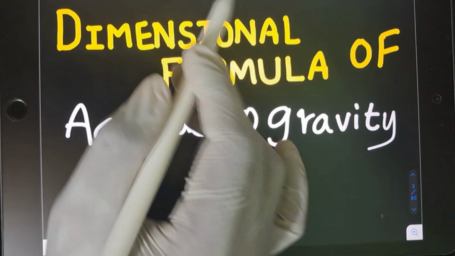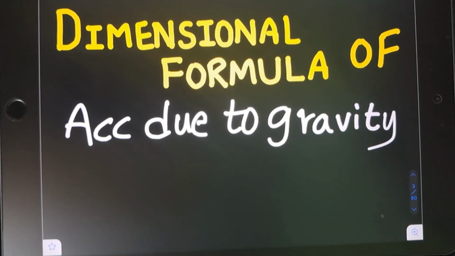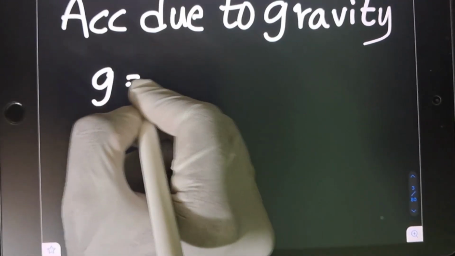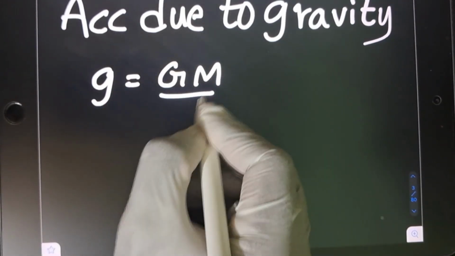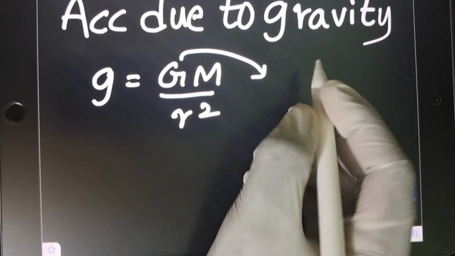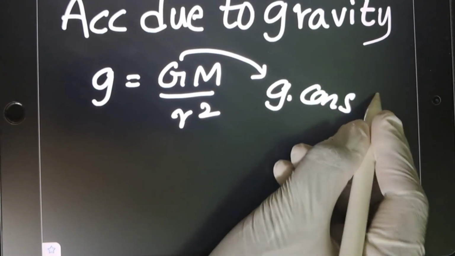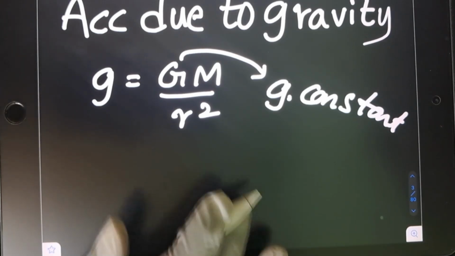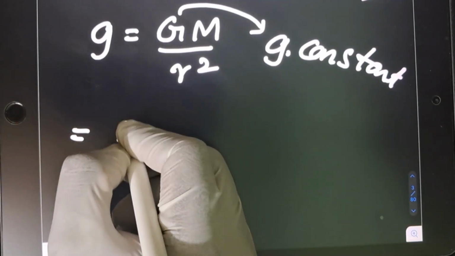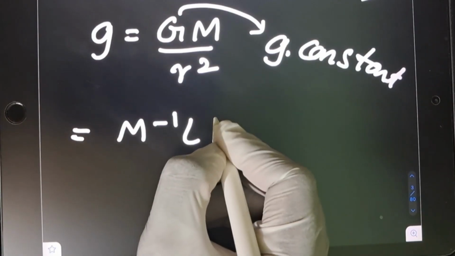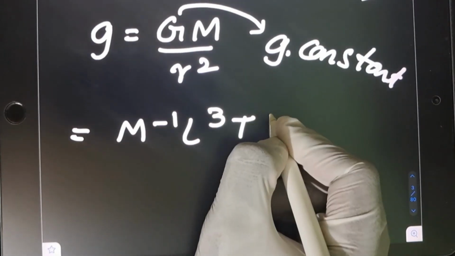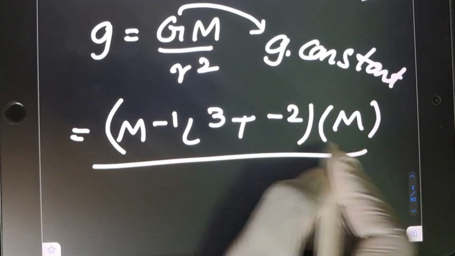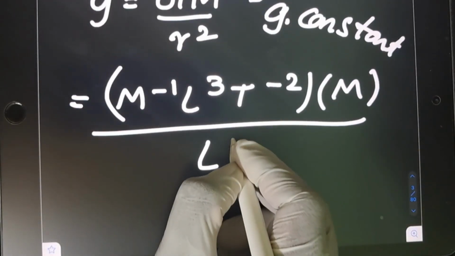To find the dimensional formula of acceleration due to gravity, g is equal to GM by R square. Here the capital G represents the gravitational constant. To solve this we have to know the gravitational constant dimensional formula first. It is M power minus 1 L power 3 T power minus 2 into mass, capital M power 1, and here R square, so L square.